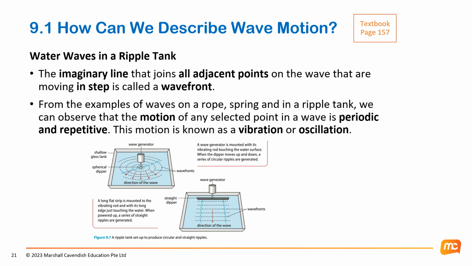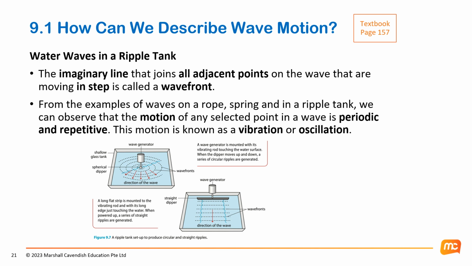And then the second example is a wave generator that creates a wave in a straight line. You can see a straight dipper, and you see over here the dotted lines, which are waves traveling in one direction in straight lines. Just now we saw those lines caused by the refraction of light.